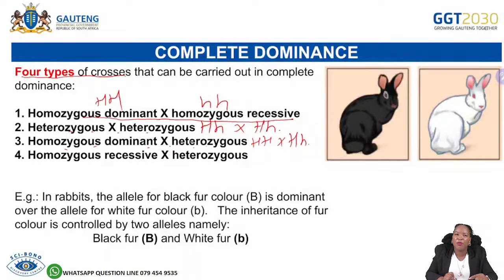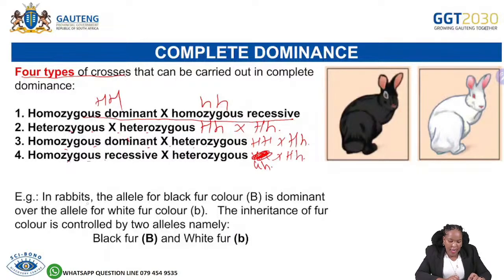You need to understand what the question means by dominant, recessive, heterozygous and homozygous. Those are the words that are playing here. Homozygous means the same alleles, while heterozygous means different alleles. Homozygous recessive, for example, has the small letter.